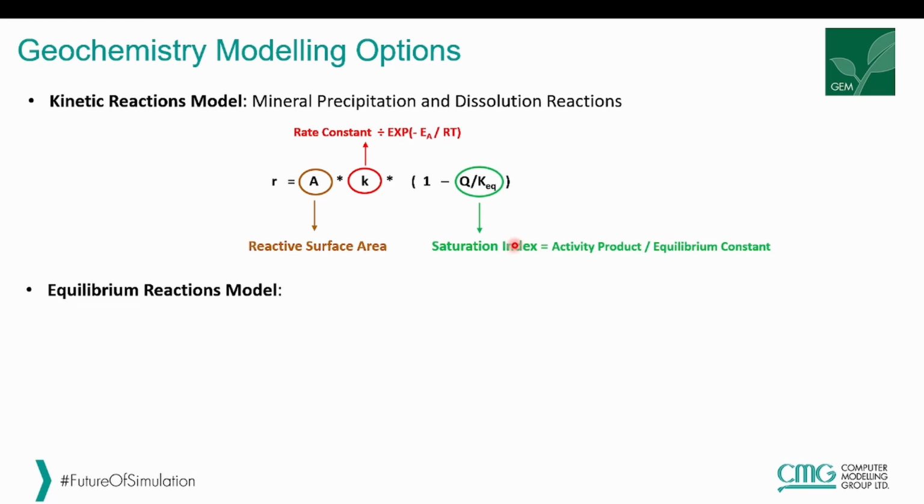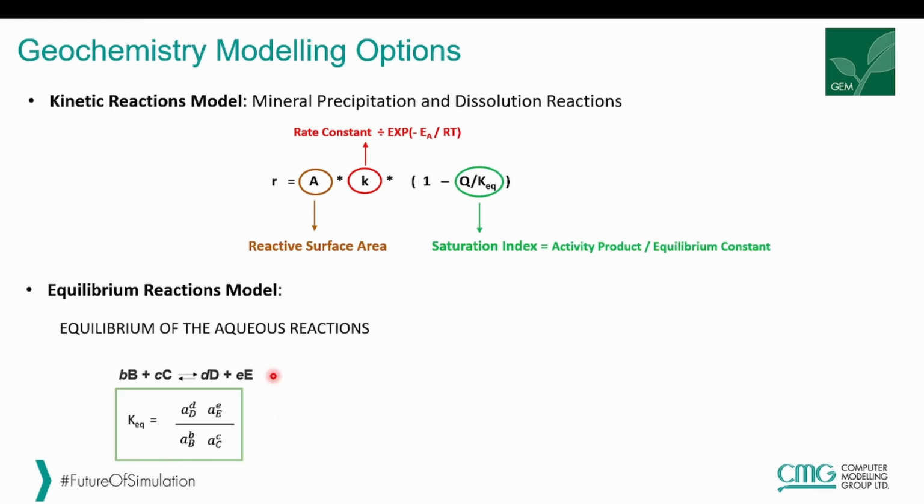Another modeling option for chemical reactions is instead the equilibrium reactions model. The equilibrium reactions model is most suitable for aqueous reactions, not involving minerals, because these reactions are normally very fast.